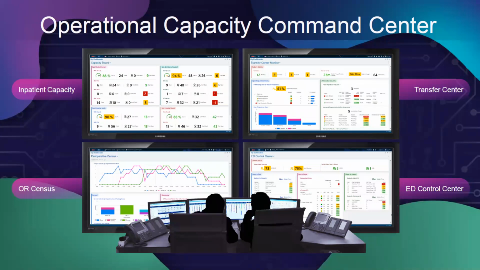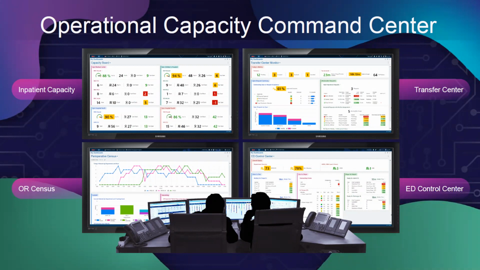These are some of the kinds of dashboards. These happen to be Epic's version of them, but every major EMR has the equivalent for these.